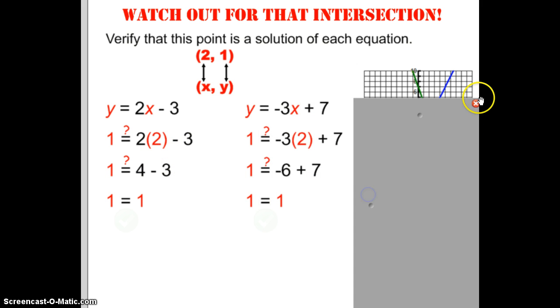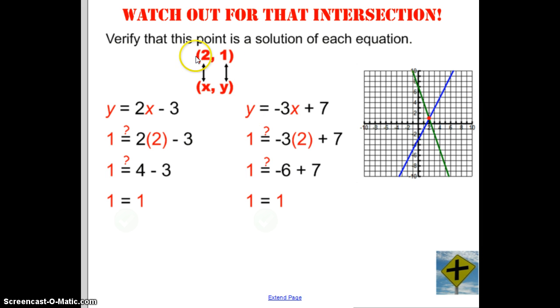I can also take my other equation, plug in a 2 for the x and a 1 for the y, and when I do that, I get 1 equals 1 again. So an intersection is where two linear equations meet, and the x and y at both of those points are the same.